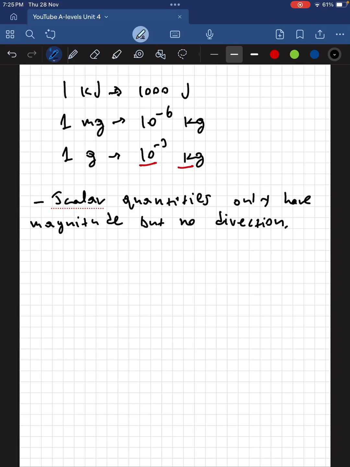So time is a scalar quantity. It's measured in seconds, so for 10 seconds you don't need to specify a direction for time. It's a scalar quantity.